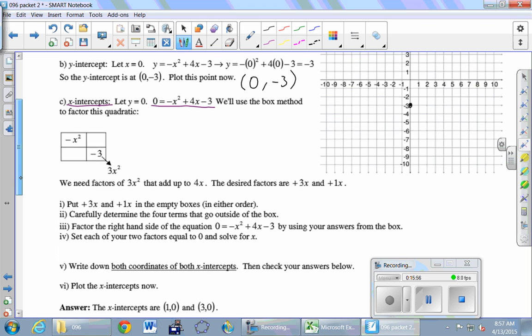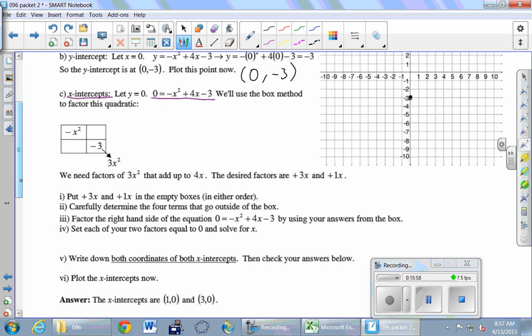So I've done part of it here for you already. In the top left, we put the -x². In the bottom right, we put the -3. What is this 3x squared? Where's that coming from? Multiply that diagonal, right? So it becomes positive 3x². And so now we're going to continue this box idea here. So we're going to list all the factors of 3x². There's very few of them.